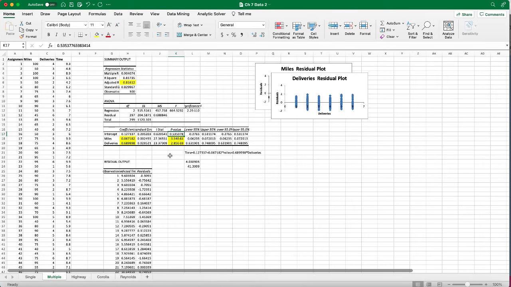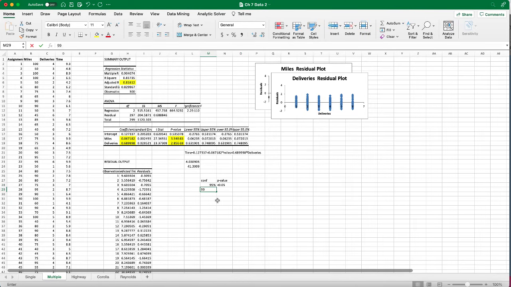At a 95% confidence level, we're looking for a p-value that is less than 0.05, then we call it statistically significant.